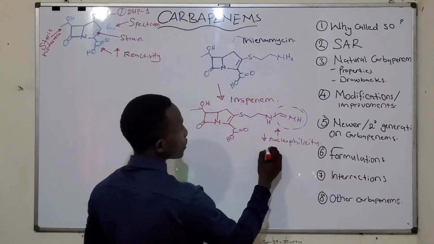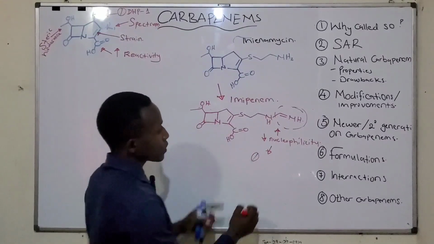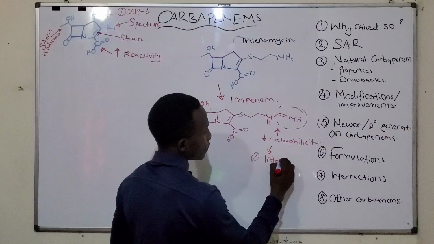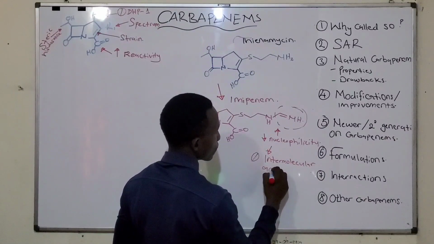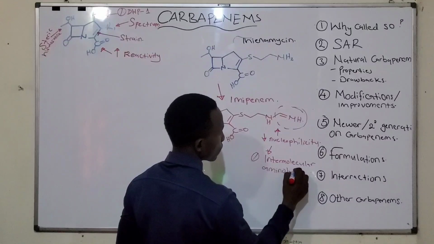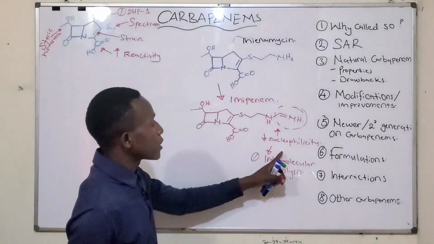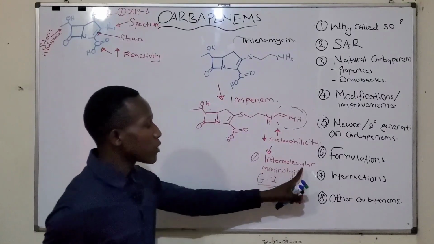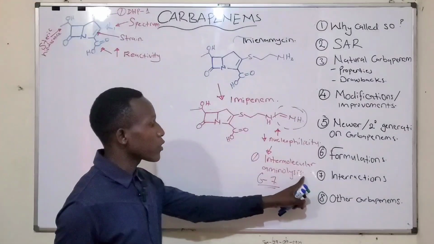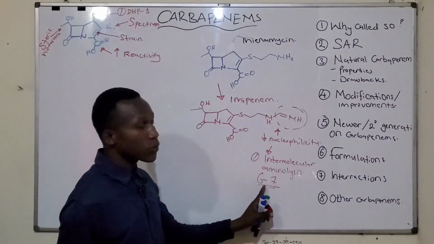Meaning that there is no intermolecular aminolysis. This problem was solved, meaning that this drug at 6 to 7 has reduced intermolecular aminolysis, hence reduced inactivation of the drug. So this drug will be active at 6 to 7.